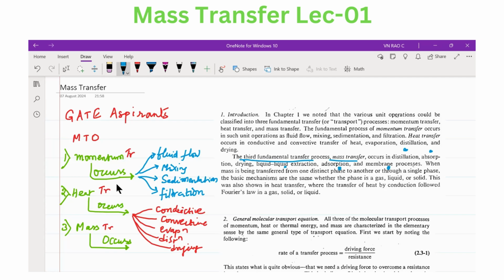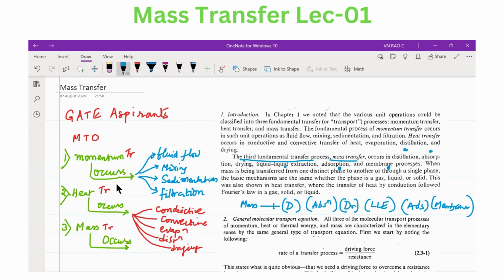So mass transfer occurs in number one, distillation, number two, absorption, number three, drying, number four, liquid extraction, number five, adsorption, and membrane processes.